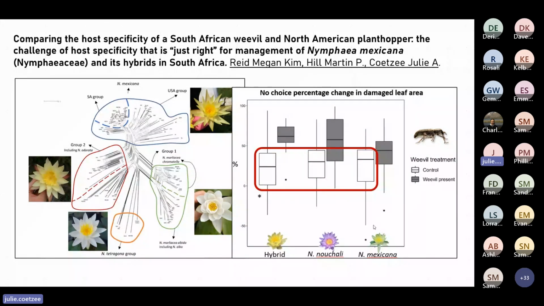And so she decided to do some no-choice testing to see if we could perhaps use this weevil as an augmentative control agent. And she found that it was damaging across these different species, and so we could potentially use it.